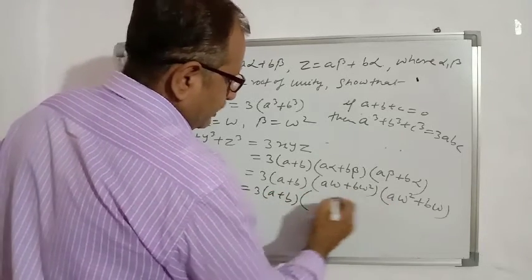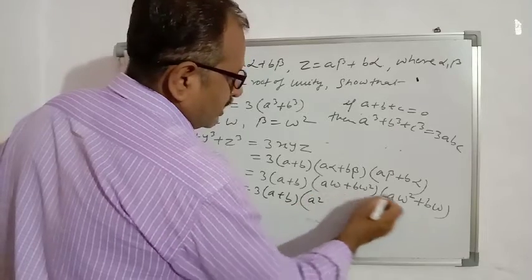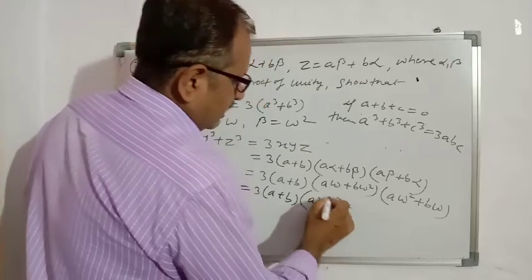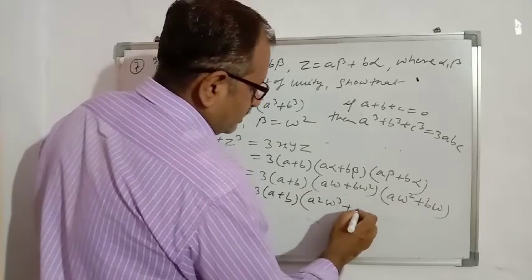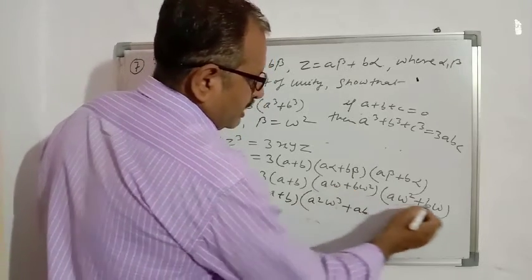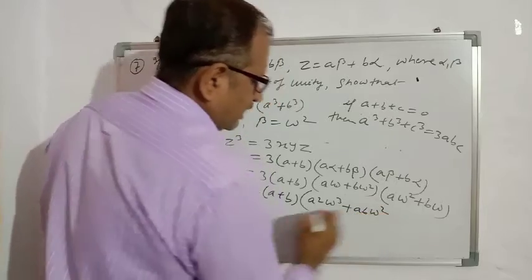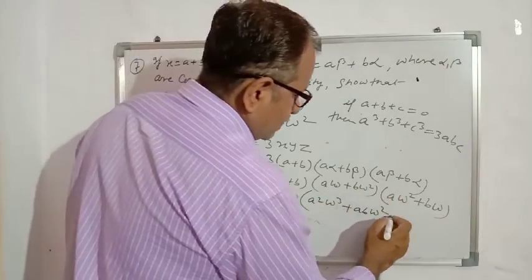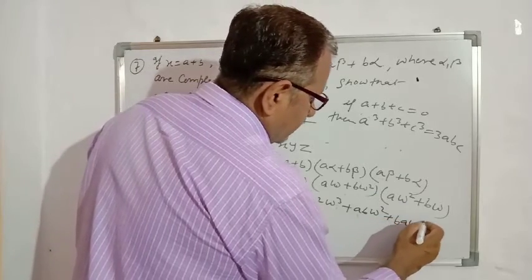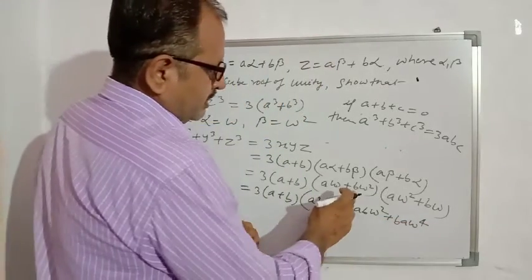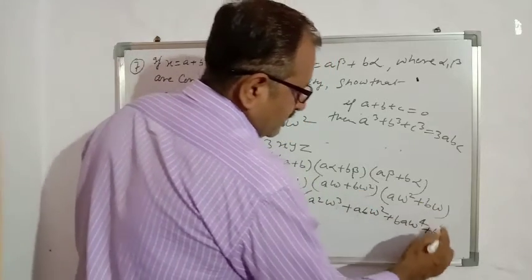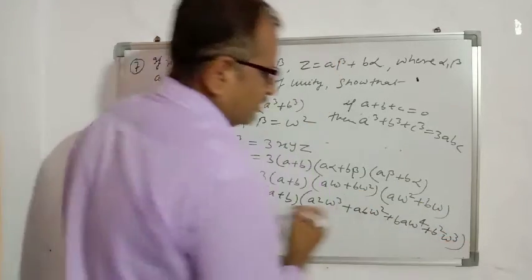So a into a square, omega into omega square is omega cube, plus a into b, ab, omega into omega is omega square, b omega square, a omega square. So it will be ba omega to the power 4, b into b is b square, omega square into omega is omega cube.